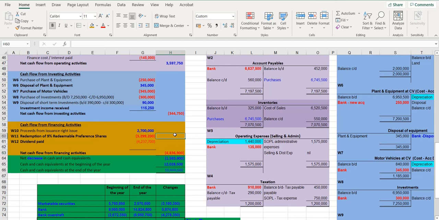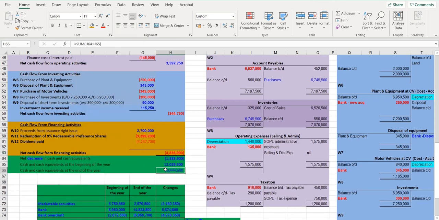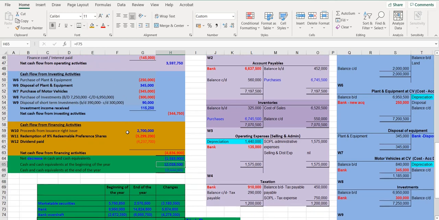The total for the three activities must come back to the same amount, right? So this is going to be the total that you have for your cash flow.